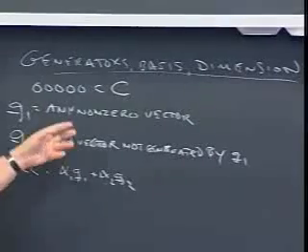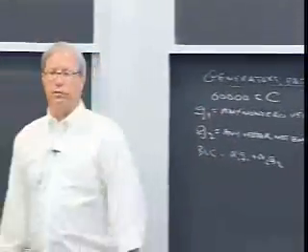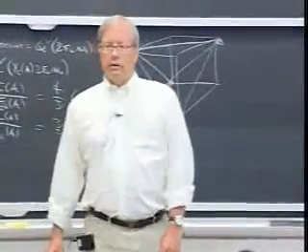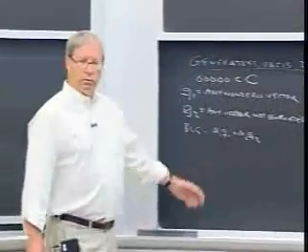So what have I got now? I've got 0, G1, G2, and G1 plus G2. I've got 4 binary linear combinations of 2 generators. All right. Could that be the whole code?